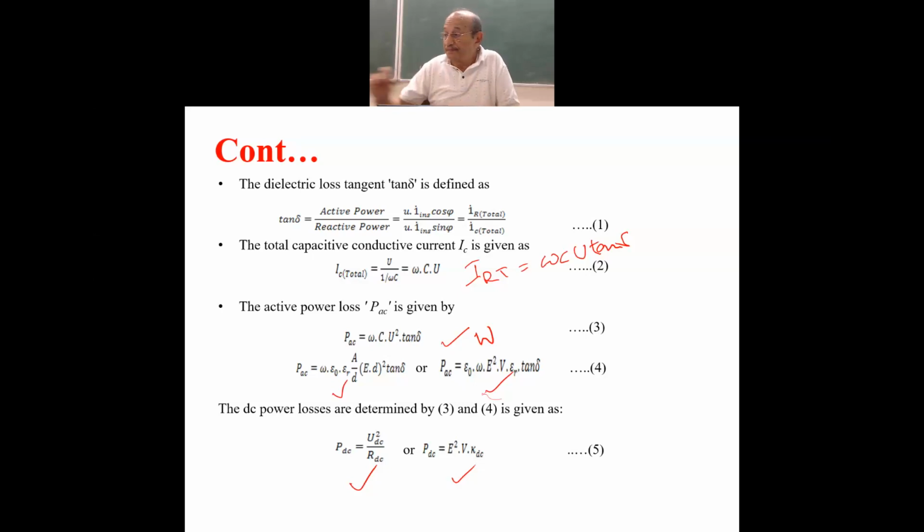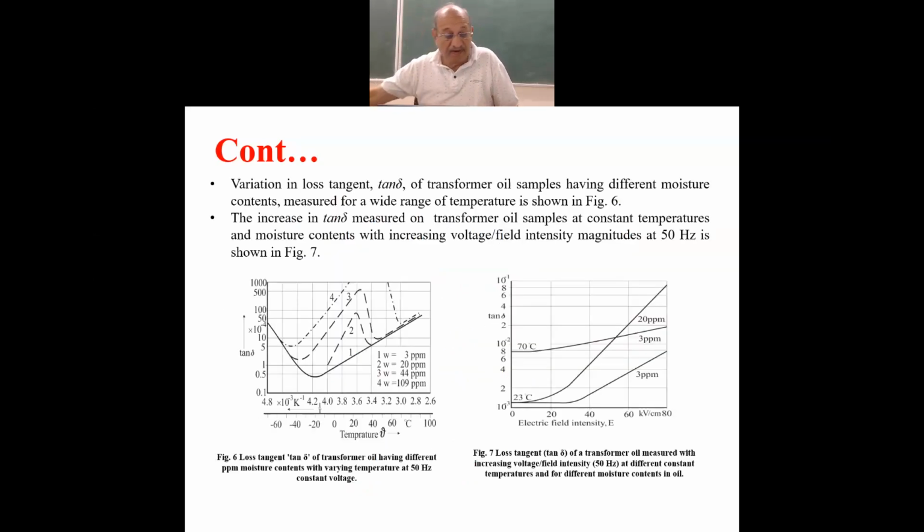And that is why the variation in loss tangent tan delta of transformer oil is being shown here. Tan delta has become a measure of the quality, or you can say the condition, of the dielectric in use on the apparatus.